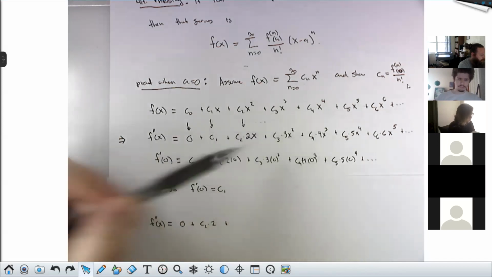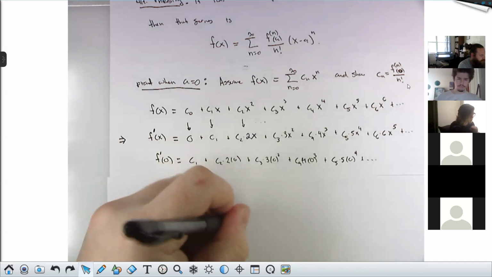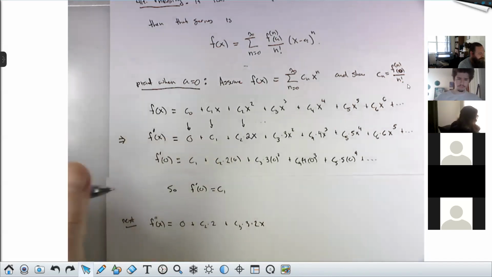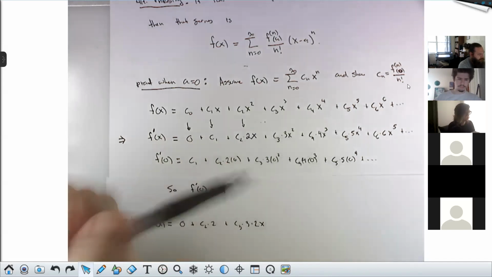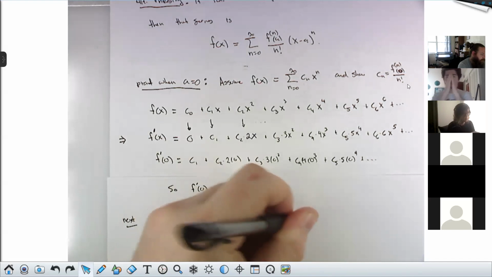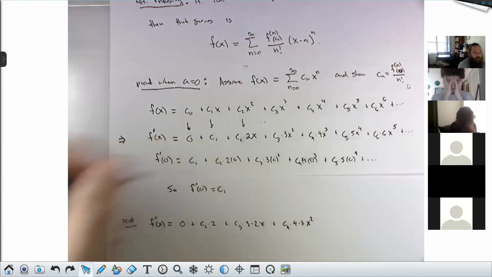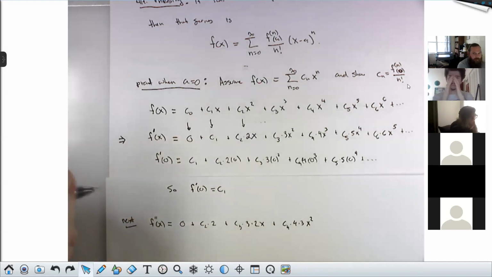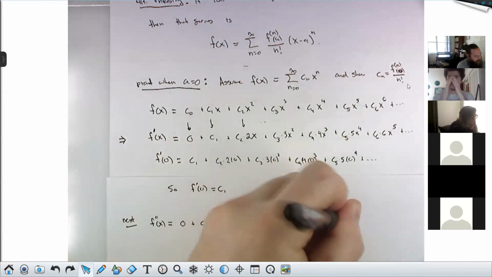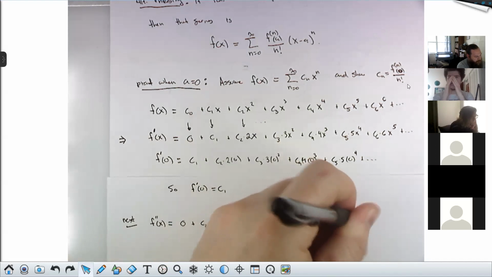C3 times 3x squared is going to differentiate to C3 times 3 times 2x. C4 times 4x cubed is going to differentiate to C4 times 4 times 3 times x squared. C5 times 5x to the 4 is going to differentiate to C5 times 5 times 4 times x cubed.